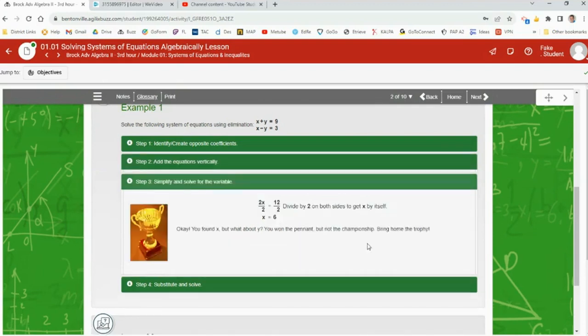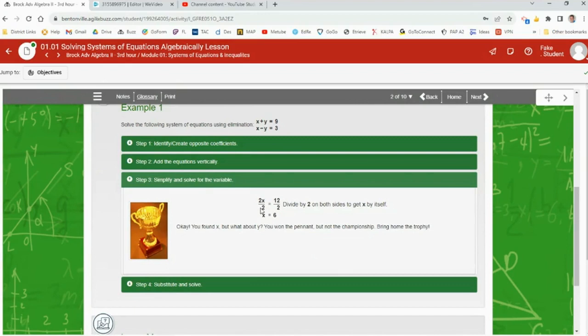Well, now we just solve that. If 2x equals 12, we divide both sides by 2. X equals 6. So we know for both of these equations, x would equal 6. But that doesn't tell us what y equals. But if we know x equals 6, all we have to do is substitute 6 back into either equation, either one, and solve it for y.